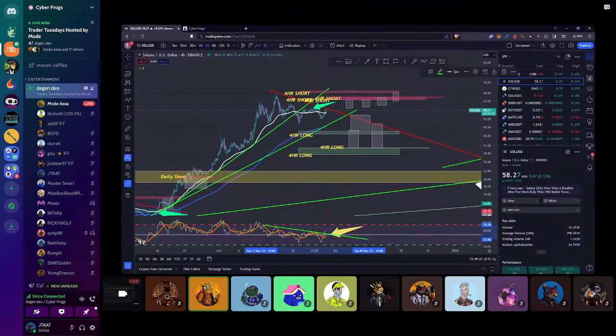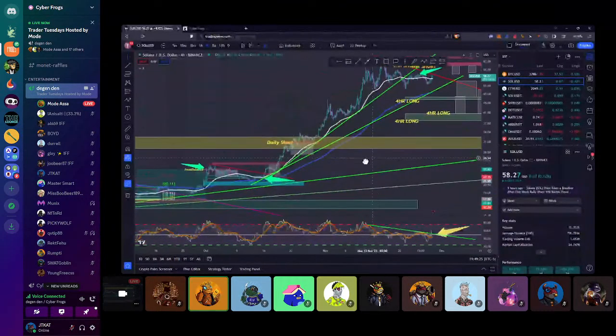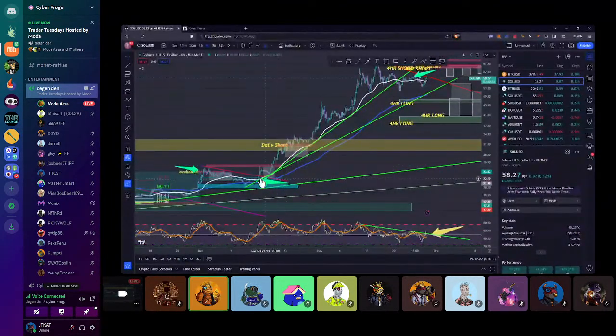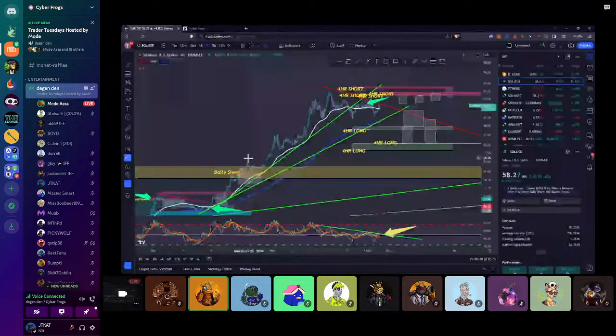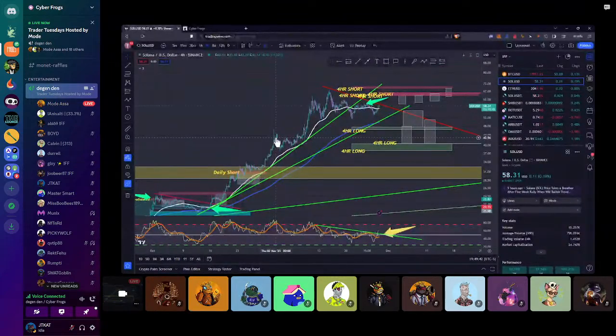So, like, let's say for going long, because it's easier just to explain. Let's say I bought 10 Solana right here. Well, I can put in an order to sell 2 Solana at $30. I can put in an order to sell 2 Solana at $40.